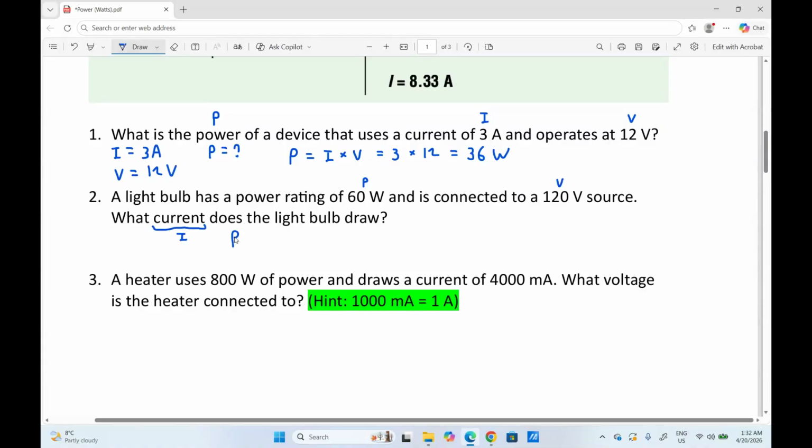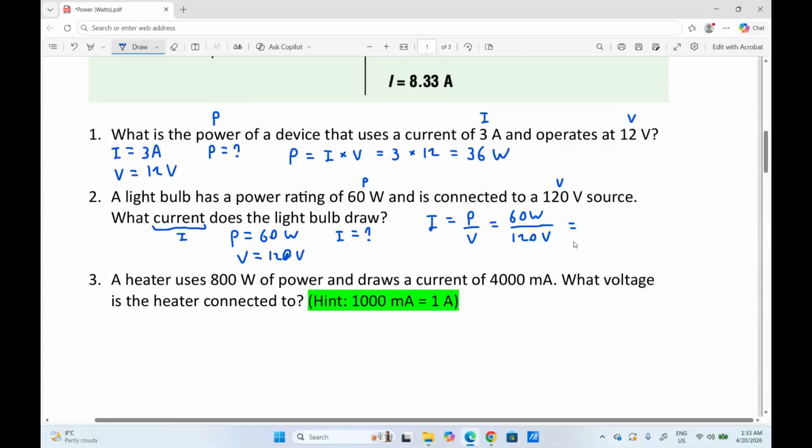So now in this case, power equals to 60 watts. Voltage equals to 120 volts. So I'm just looking for my current. Now the formula for current would be, if I rearrange this with some mathematics, I get I equals to P divided by V. In this case, my power is going to be 60 watts and my voltage is 120 volts.